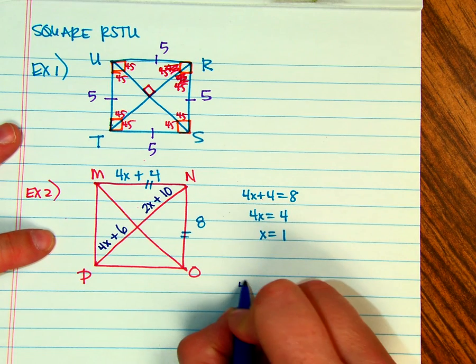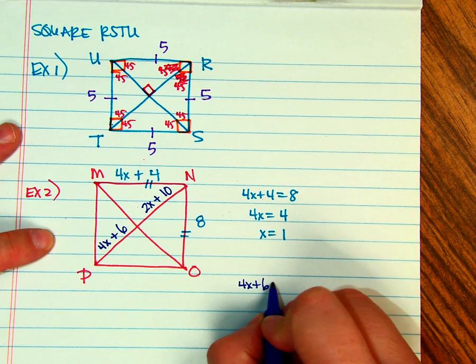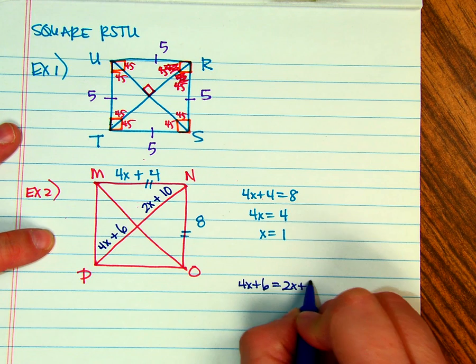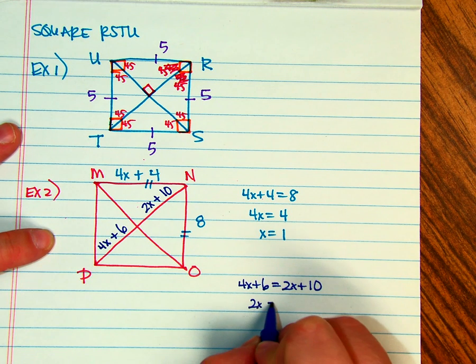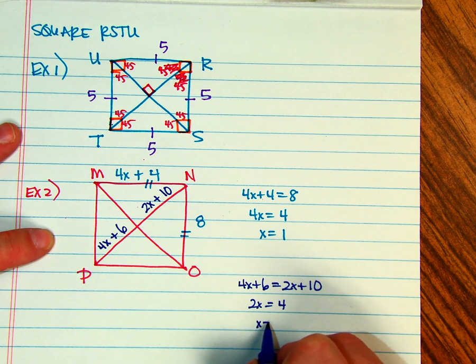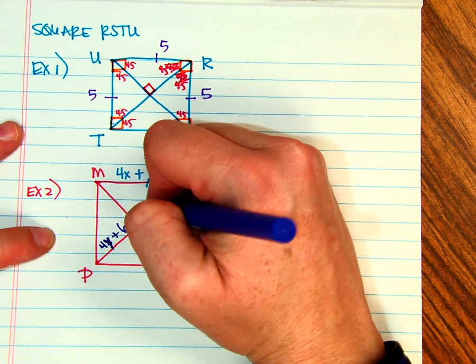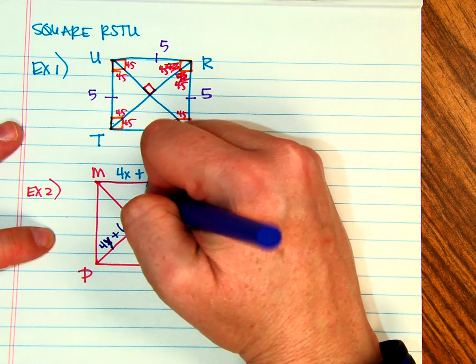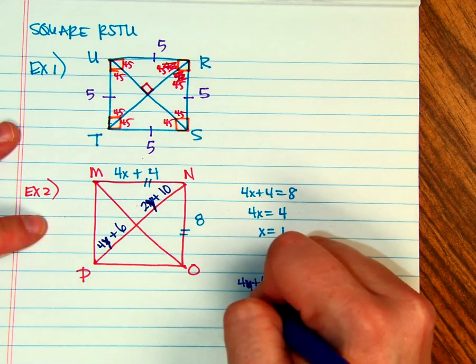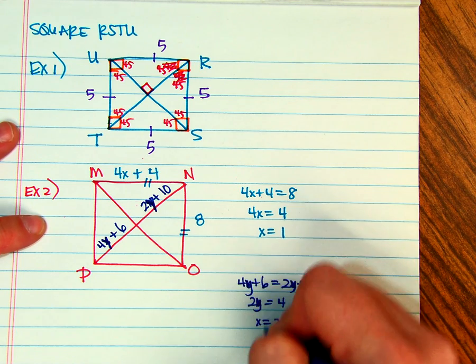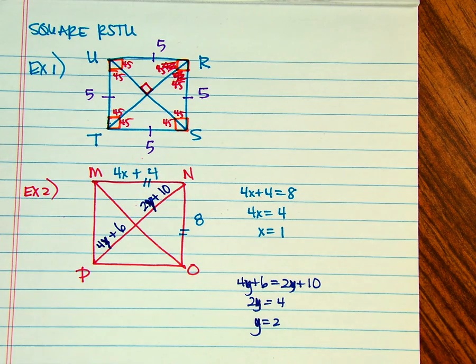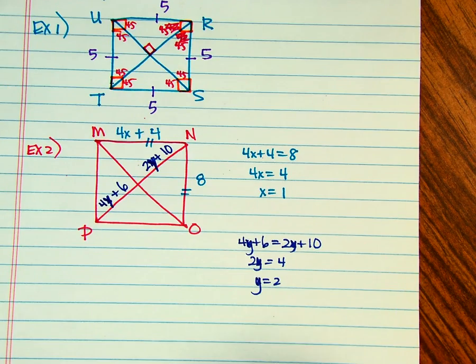I know that 4x plus 6 is going to equal 2x plus 10. 2x equals 4, so therefore x would be 2. Let's change these to y's. Okay, so y would equal 2. So again, those are just using the properties of a square.